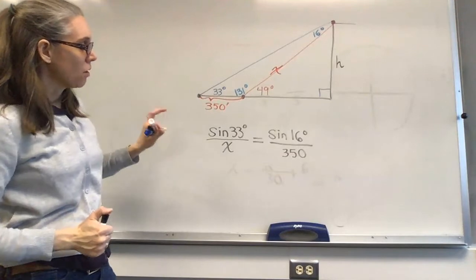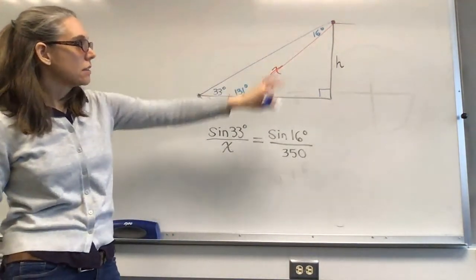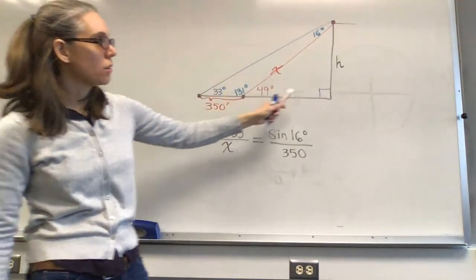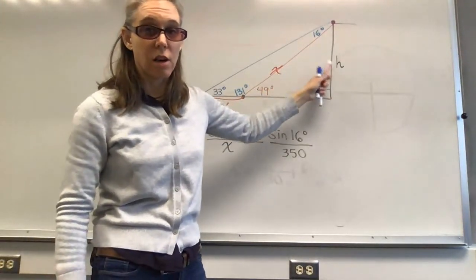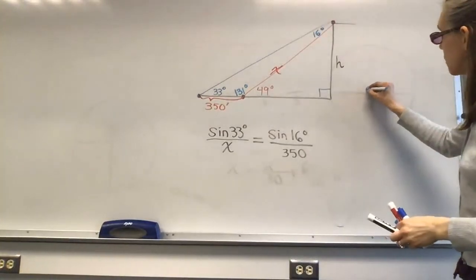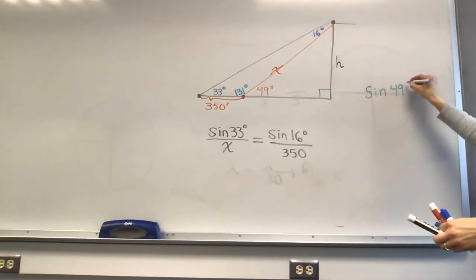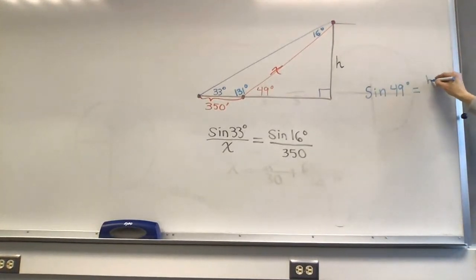So I'm going to hold off on finding a value for it just yet. I want to come over here and say, if I knew what x was, which would I use? Sine, cosine, or tangent? Well, this is the hypotenuse. This is the opposite side, so that would be sine. The sine of 49 degrees is equal to opposite over hypotenuse.